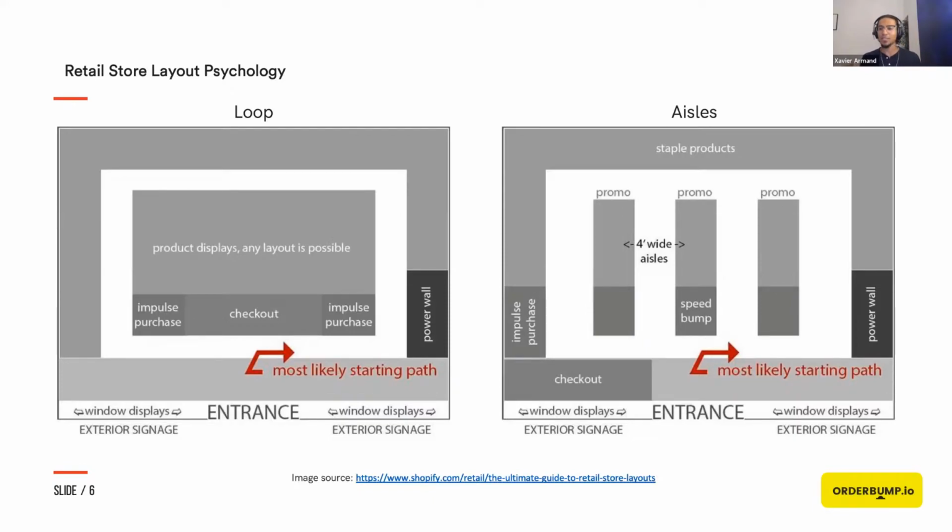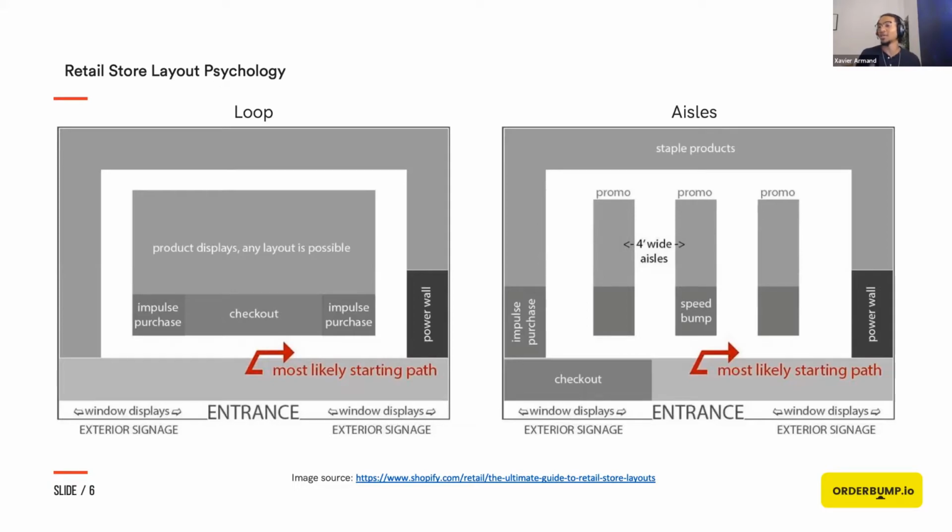So I bring this up to say it's important to start to think about how your online store and your product lines can potentially be bucketed into their retail experience, if you were to have one. So if you have a smaller product line and you're looking to sell a smaller set of SKUs, a loop type approach where you're really focusing on the customer journey and the customer experience may be better suited.